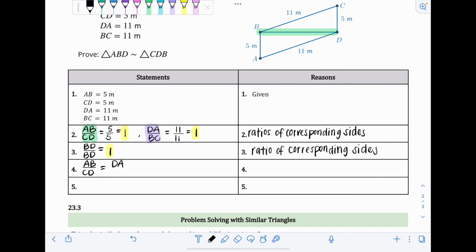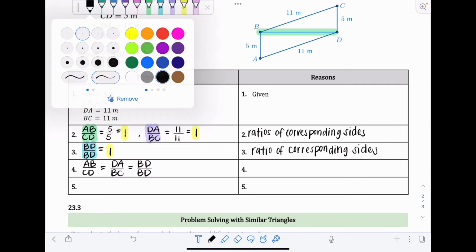This order doesn't necessarily matter, and then the third, that's equal to BD over BD. Since they were all equal to the same exact number, 1, we can say that they're all equal to each other, and that's called the transitive property of equality.